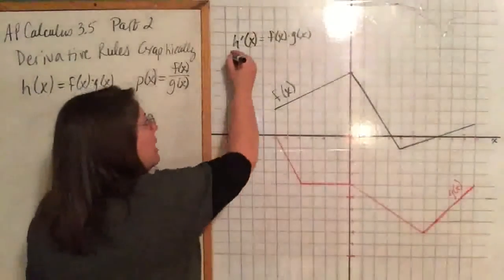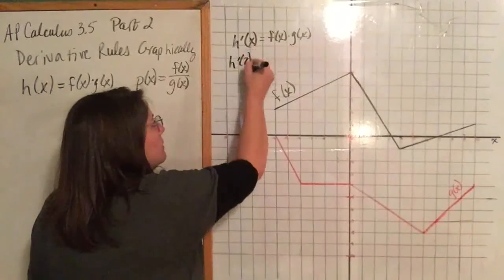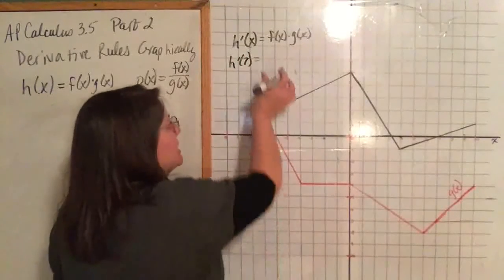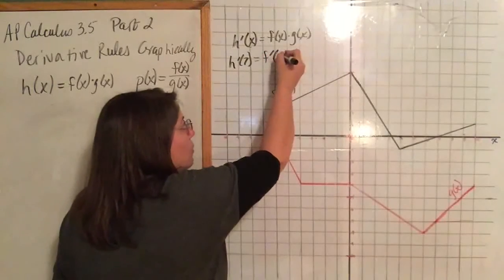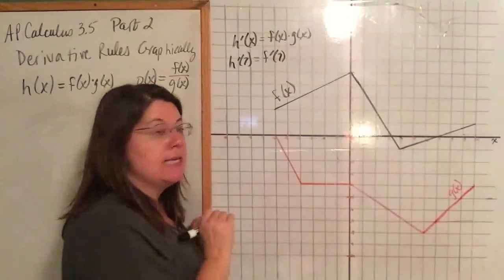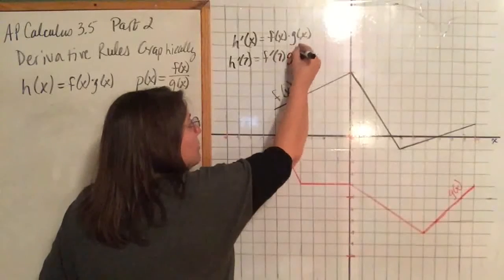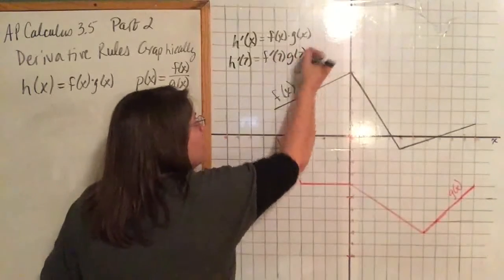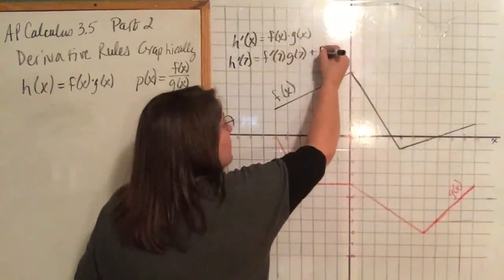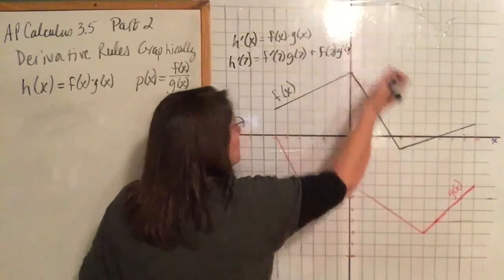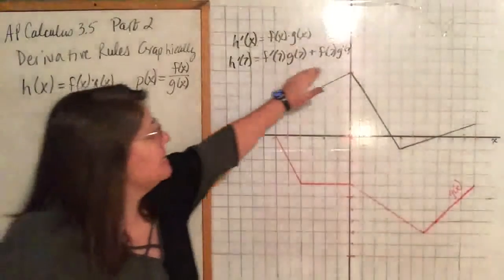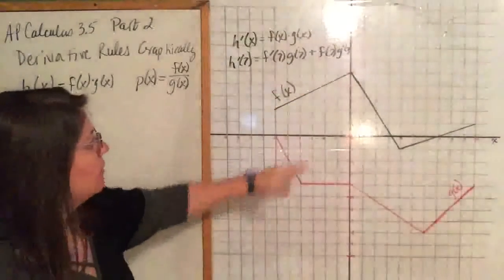So h prime of 7 is going to be the derivative of the first function, f prime of 7, times g of 7, plus f of 7 times g prime of 7. Then I'm going to find this information using my graphs.